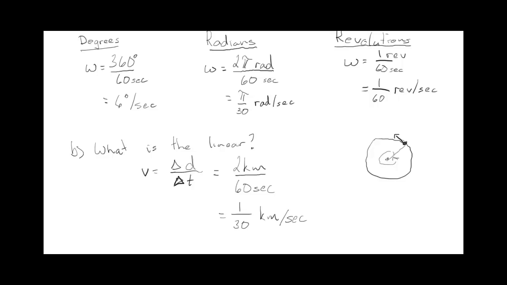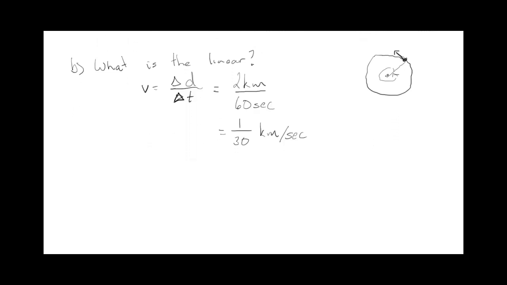Now that's not the typical way to explain a car's velocity. Usually you talk about velocity for a car in terms of kilometers per hour. In order to convert this, remember we got 1 kilometer over 30 seconds. The way I usually explain how to convert from seconds to hours is by multiplying fractions. We want to convert seconds to hours. Usually people know seconds to minutes first. There are 60 seconds in 1 minute, so these units will divide out.